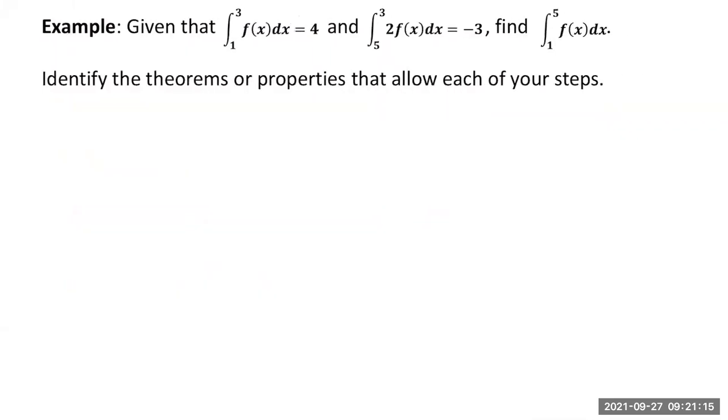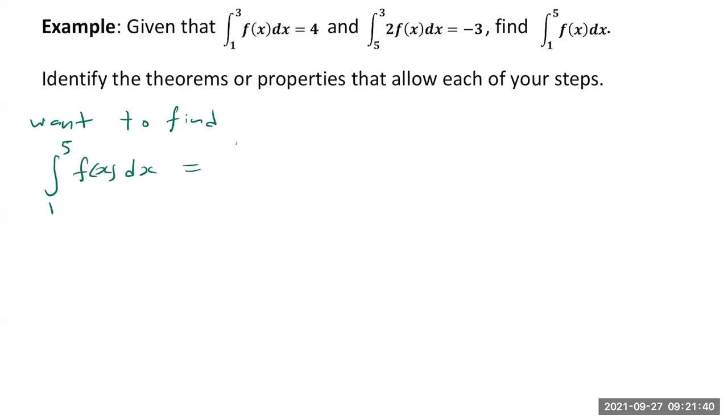That's what I'm going to do here. In order to find this integral, this is my goal. I want to find 1 to 5. Let me write. I want to find the definite integral from 1 to 5 of f of x dx.